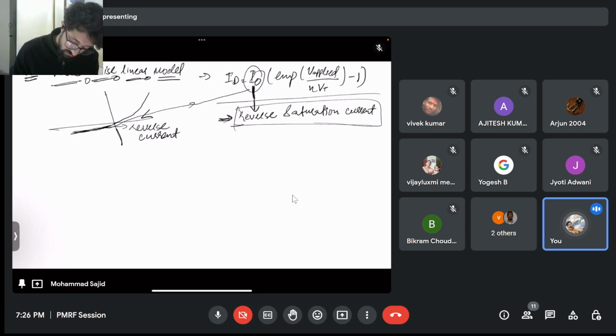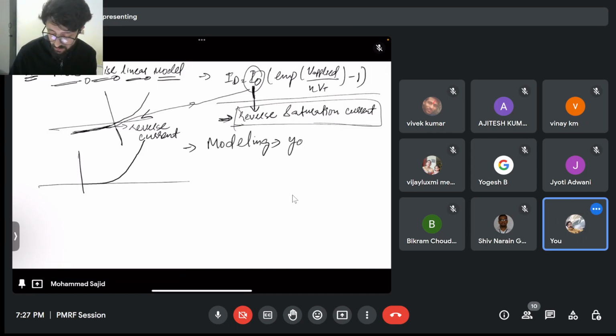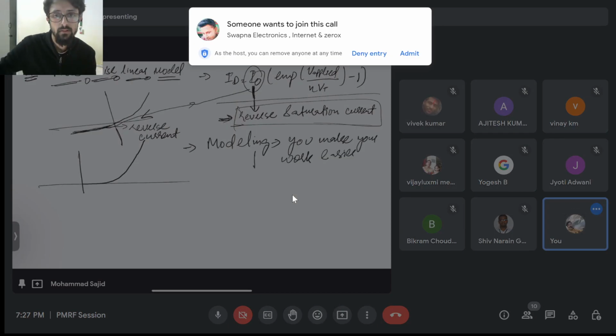So what is the piecewise linear model? If you have diode characteristics which follow this behavior, modeling makes your work easier. How?